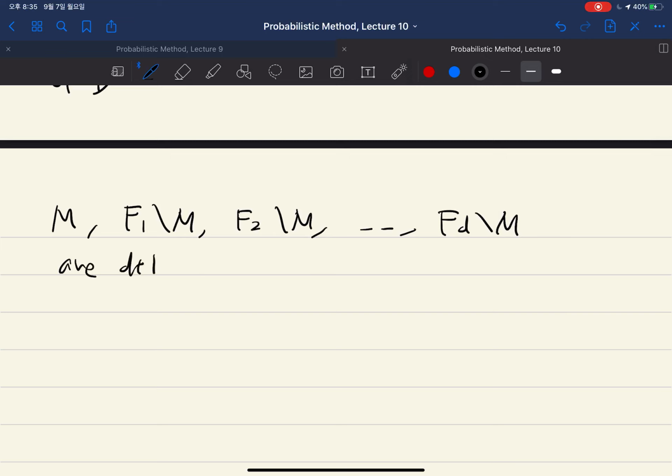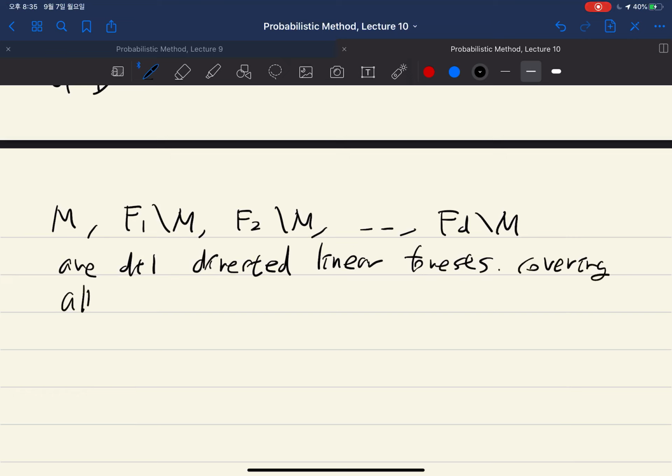These are t plus 1 directed linear forests which cover all edges of G. This shows that the directed linear arboricity of G is at most t plus 1.